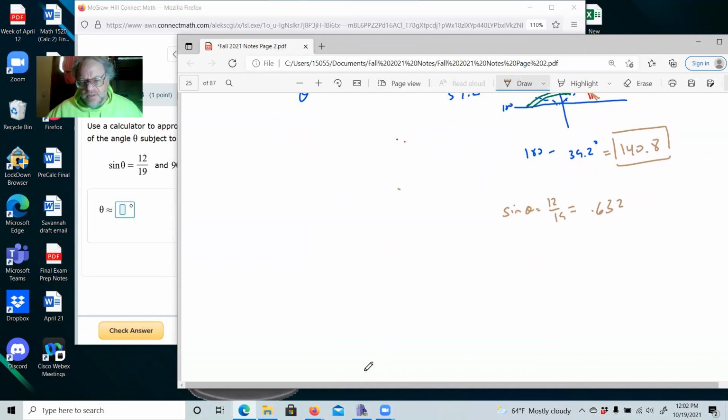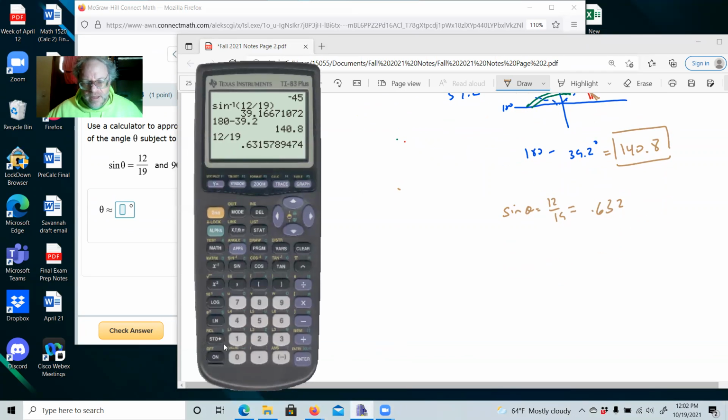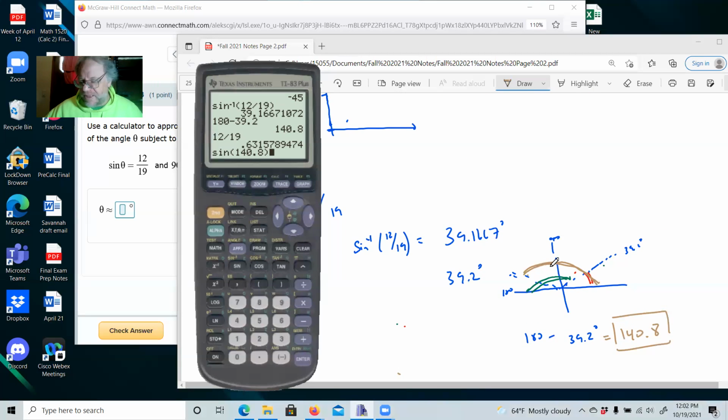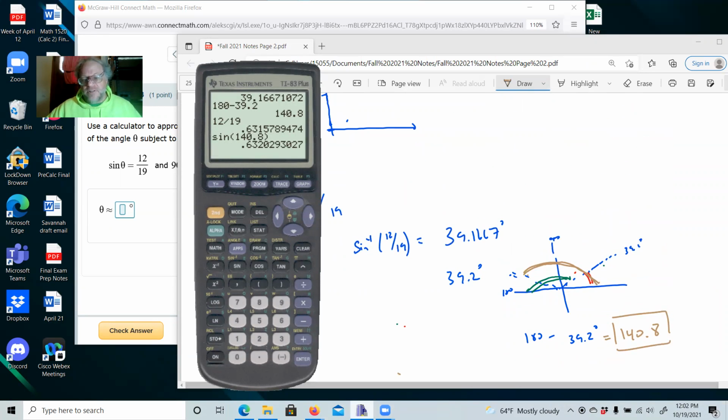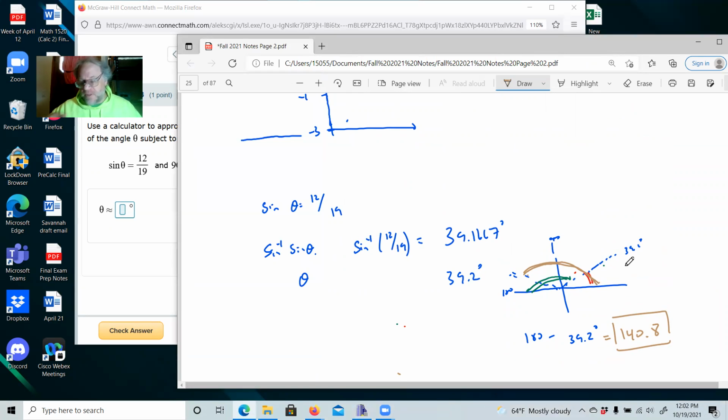So if I take the sine of 140.8, both of those angles should give you the same ratio. Look at that, 0.632. So there's a way to check your answer if you're not exactly sure. You take the inverse sine, get your angle, adjust it, and then take the sine of that angle. Did I get back what I needed to? Yeah. So our answer that they're going to want here is 140.8.